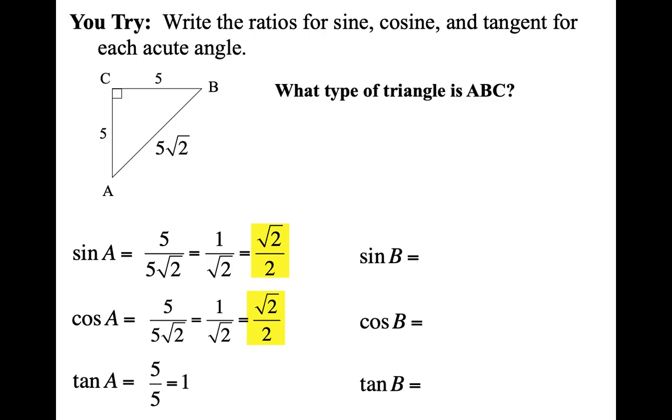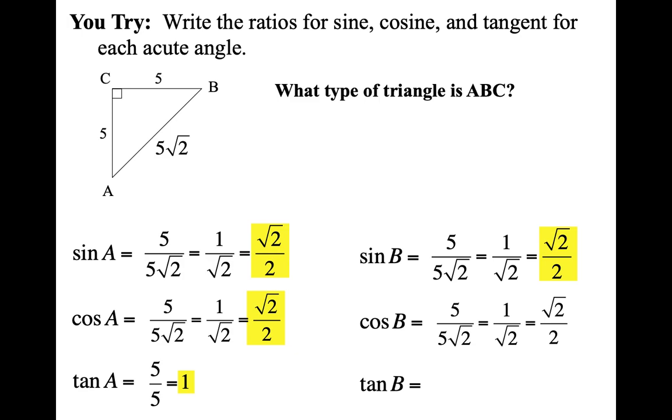And so let's go ahead and go to angle B. So sine of angle B is opposite over hypotenuse. The opposite leg is that vertical leg, so that's 5. Our hypotenuse is still 5 square root of 2. And so we reduce the exact same as the sine of angle A. And then the cosine of angle B. Cosine is the adjacent leg, which is 5, over the hypotenuse, which is 5 square root of 2.